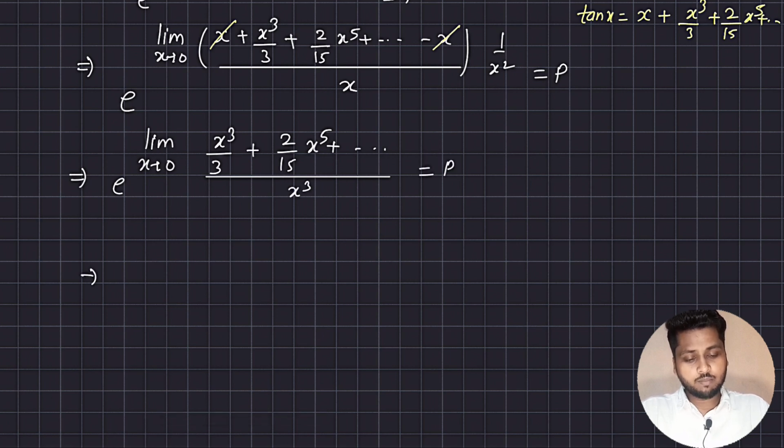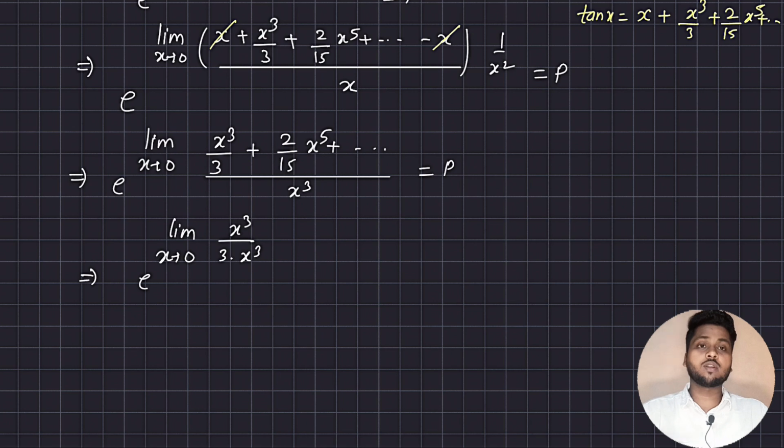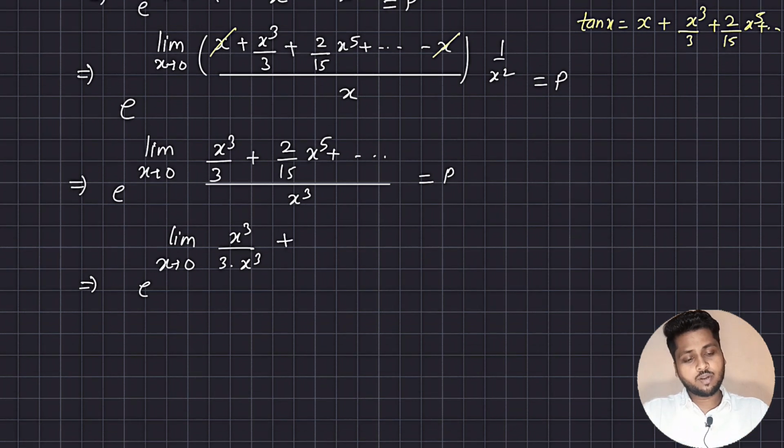This x into x square is going to be x cube. Then I am getting e power limit x tending to 0 of x raised to 3 upon 3 into x raised to 3. This x raised to 3 will divide each and every term, so here I am getting 2 upon 15 x raised to 5 upon x raised to 3 plus dot dot dot, and this equals p.